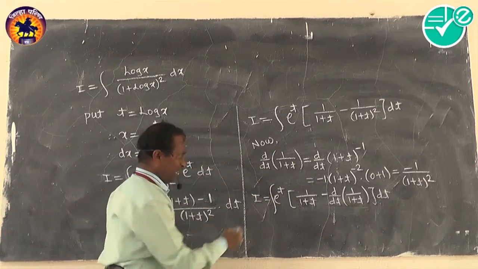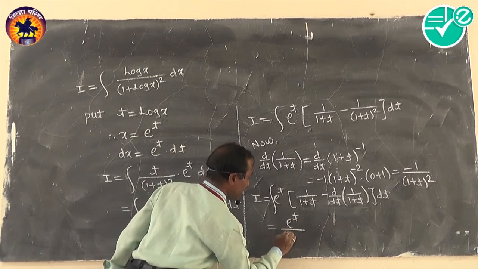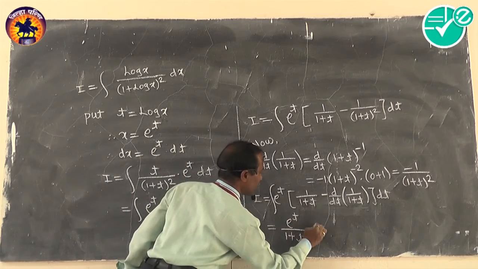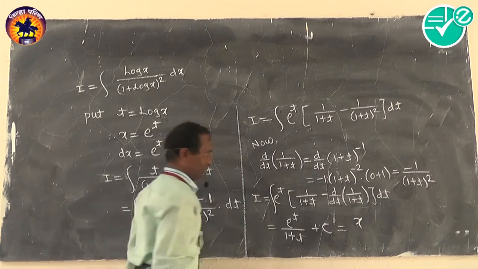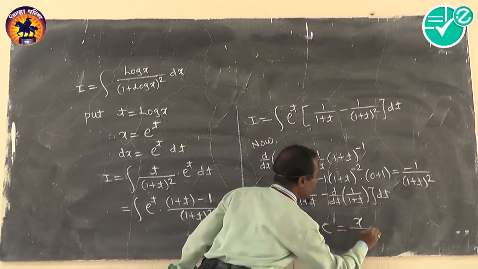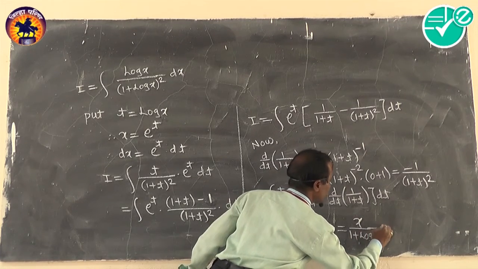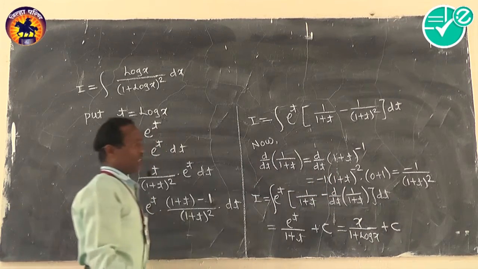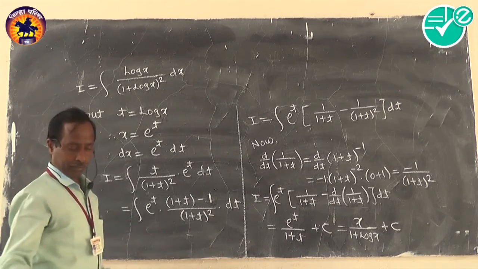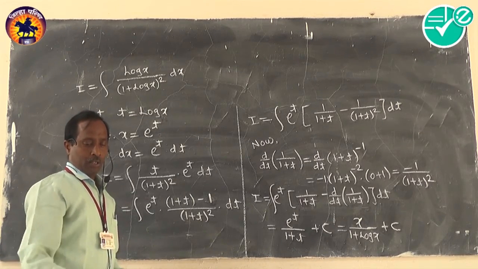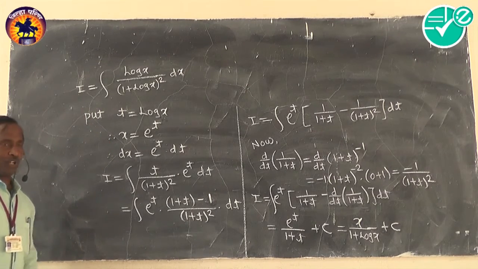So this can be written as e raised to t into 1 upon 1 plus t plus c, and the value of e to the power t is x, so x upon 1 plus log x plus c. This is the required answer. Now we are going to take the next type of example.